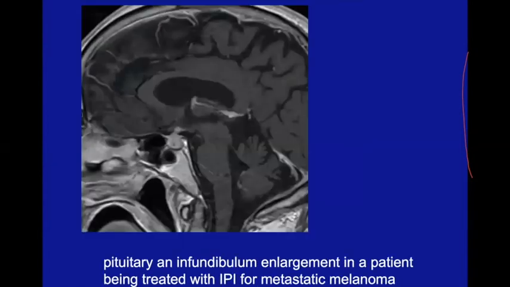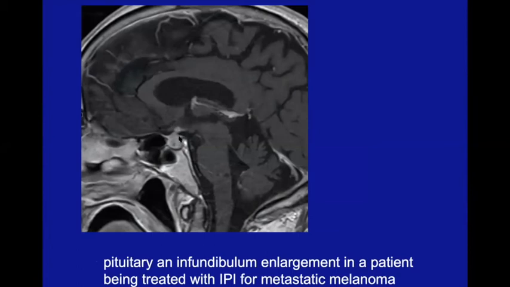low-grade pituitary tumor. Now, this is a variation of pathology. This is a drug-induced abnormality of the pituitary. You can see the pituitary appears enlarged in this patient who I believe is about 60. You can also see prominent enhancement here of the stalk and region of the tuber cinereum.